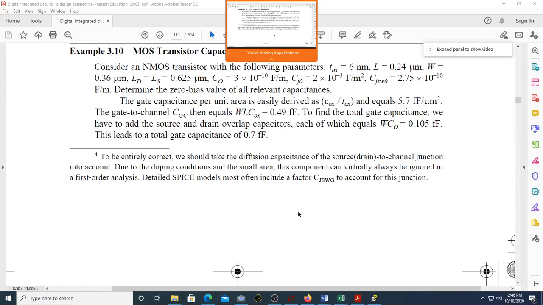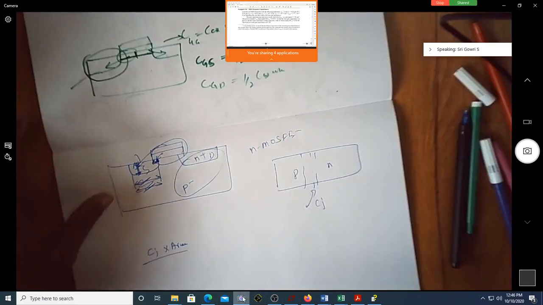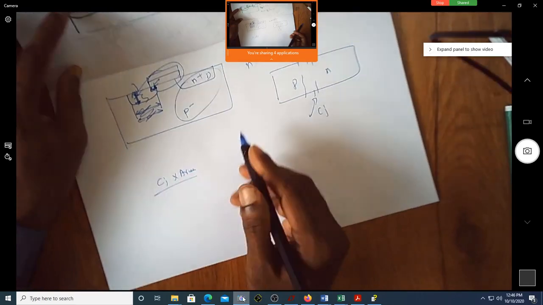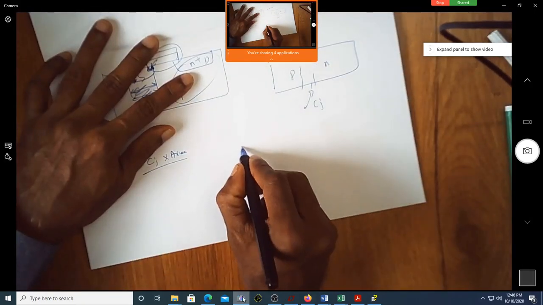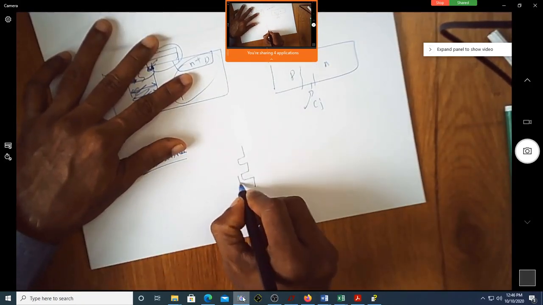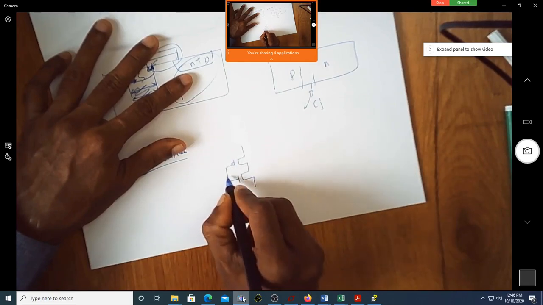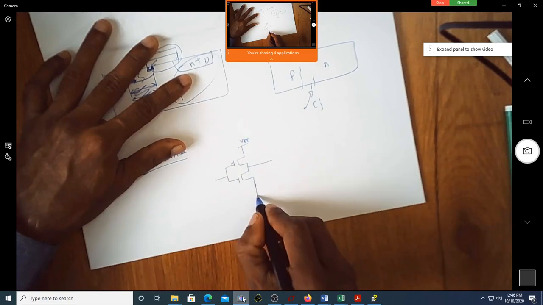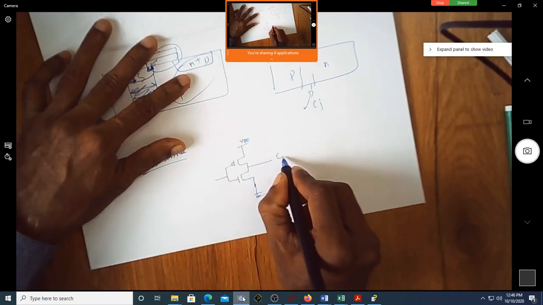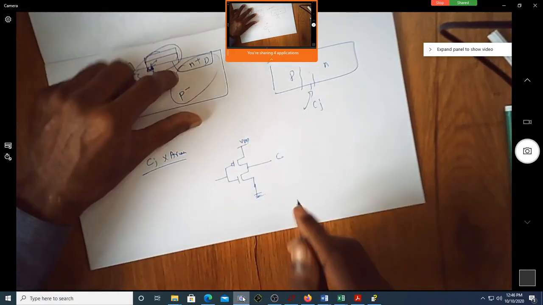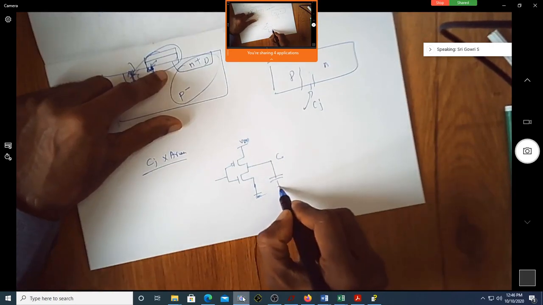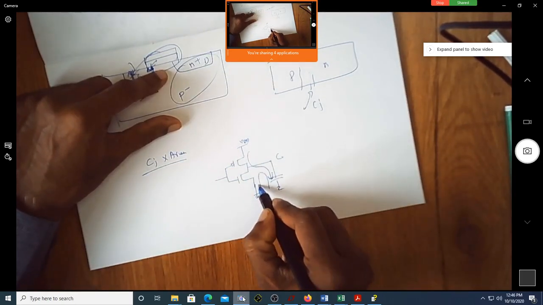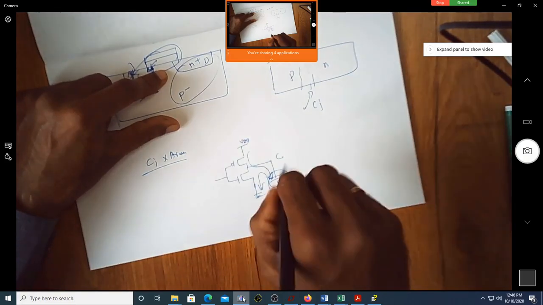Suppose I ask you to write what is the capacitance of a MOSFET. Okay, I will write the inverter now. There is a capacitance to which it will charge and discharge, even though you are not physically connecting a capacitor.